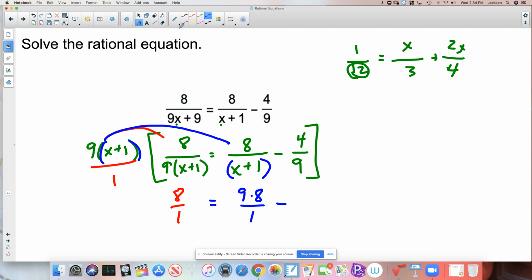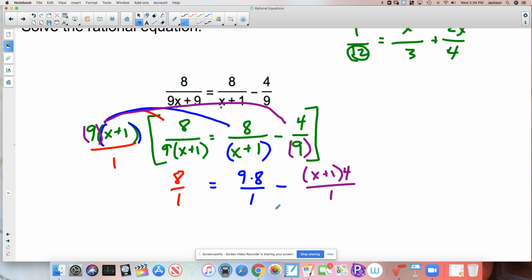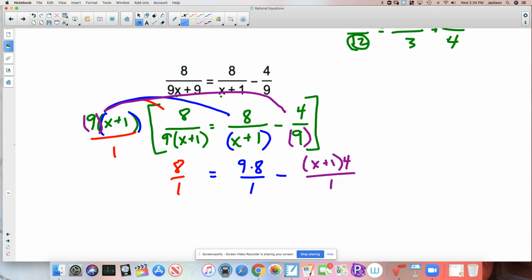And then when I multiply this times this third term over here, this 9 is going to cancel with this 9, which is going to leave the x plus 1 on the top. We're going to leave that in parentheses, remember, so that when we multiply it times the 4, we know to distribute that. Okay, so this entire equation becomes 8 equals 72 minus, and you can rewrite this if you want.